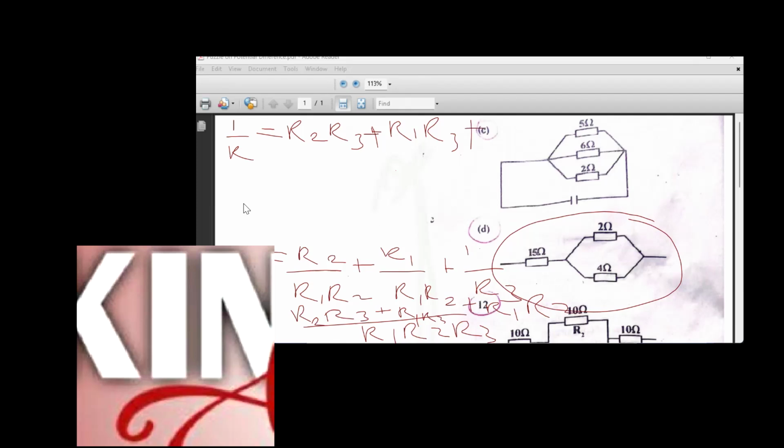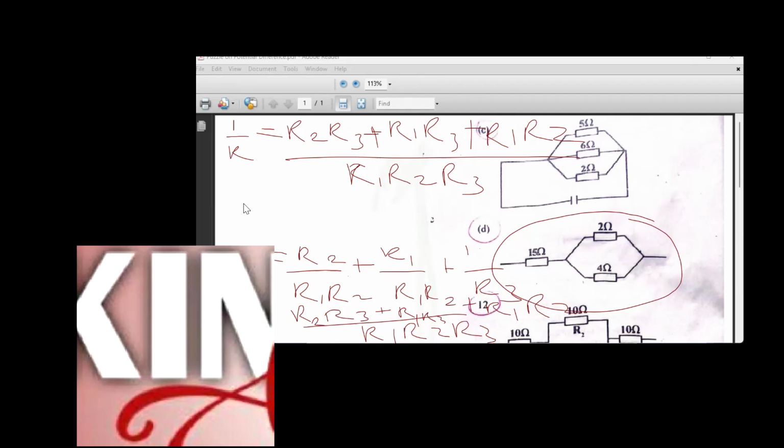And you have plus R1, R2 all by R1, R2, R3. Is that correct now? In the same vein, is there anything common? R2, R3, R3, R2. So we can find R3 is common here.